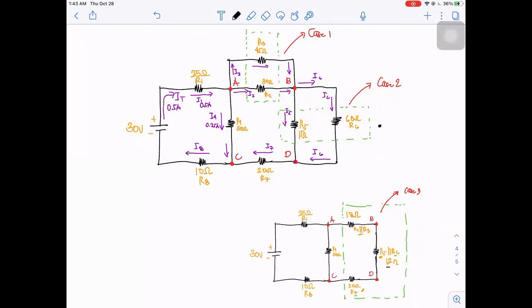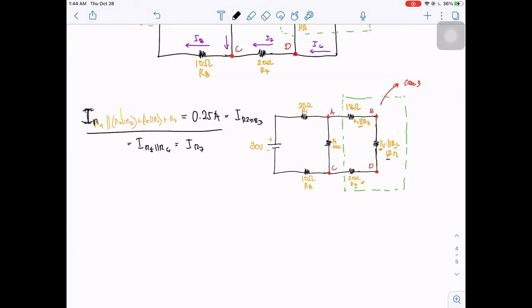Okay, follow? Solving for the voltage drop is easy because we already know the current across the 18 ohms, the 12 ohms, and the 20 ohms resistance.